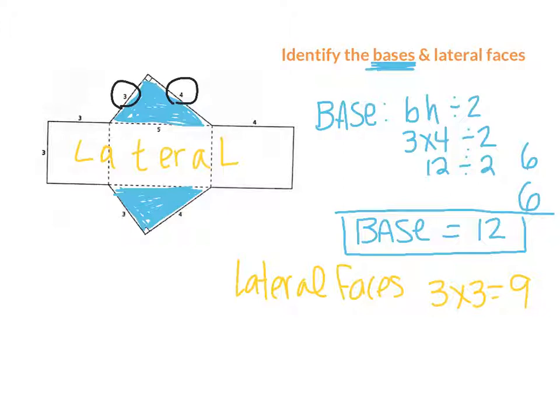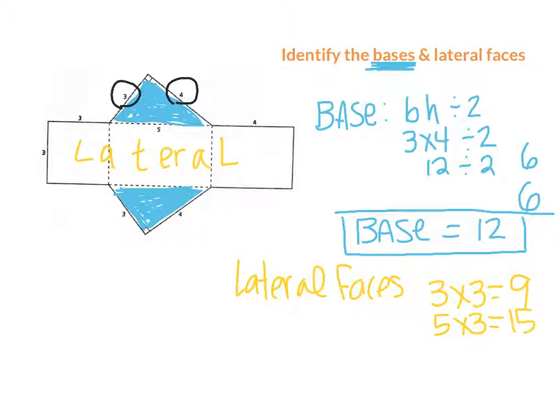I'm going to look at my second one. This has a 5 going across this way, and the amount that goes up and down should be the same distance as this one, which is 3. So this rectangle is going to be 5 by 3. I'm going to write that down. 5 times 3 is 15.